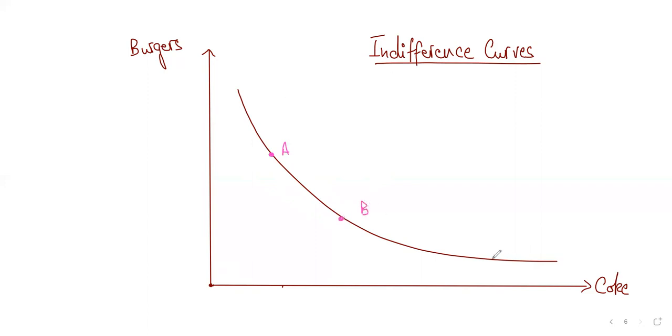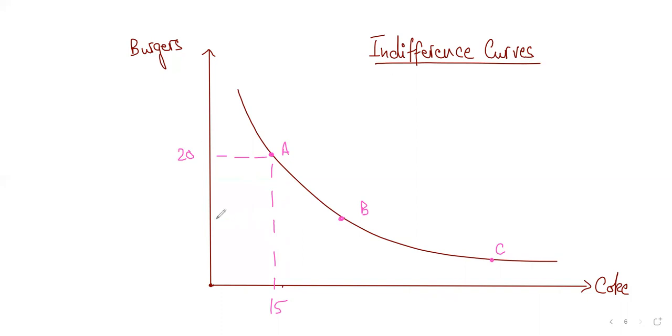Now, all points along one indifference curve show you the same level of utility, the same level of satisfaction, right? So let's say at point A, you're consuming 15 units of Coke, right? And let's say 20 units of burgers, right? On, let's say, point B here, right? You are consuming, have a look at this, right?